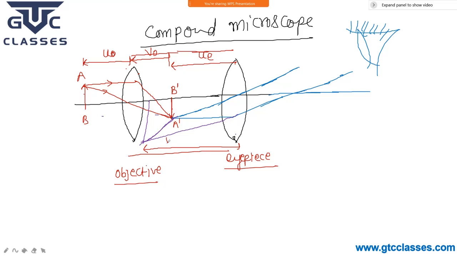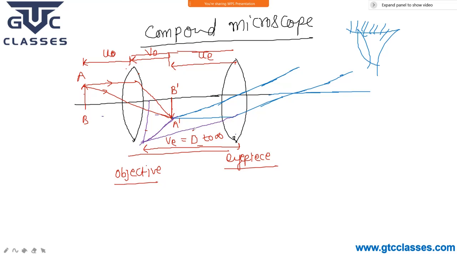We sometimes call it capital D, or sometimes till infinity. It can be anywhere, D to infinity. D is the least distance of distinct vision: at least you should get the image there, before that you will not be able to see it. So D to infinity it should be.